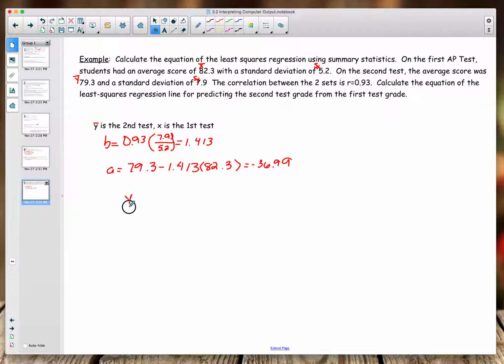Okay, so our prediction equation is going to be negative 36.99 plus 1.413x. And that is our prediction equation. And that concludes this set of notes.